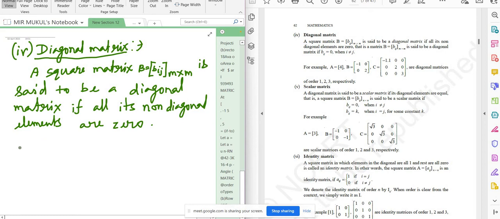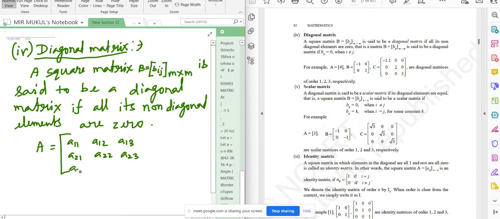Suppose A equals A11, A12, A13, A21, A22, A23, A31, A32, A33. This is a 3 cross 3 matrix.